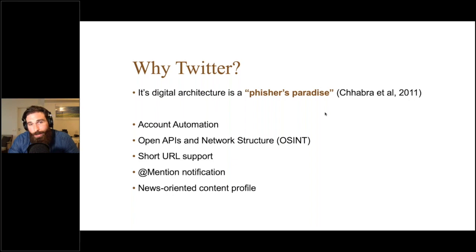So if you were checking in different places, or you're taking pictures, and you are working for a government, your actions can essentially be tracked very, very publicly, and also those of your family members, which is important. It supports short URLs like bit.ly or Google Firebase links that hide essentially the ultimate destination of a link. So if you see a bit.ly link on Twitter, you don't know where it's actually going to lead unless you run it through a link checker, which most people don't.